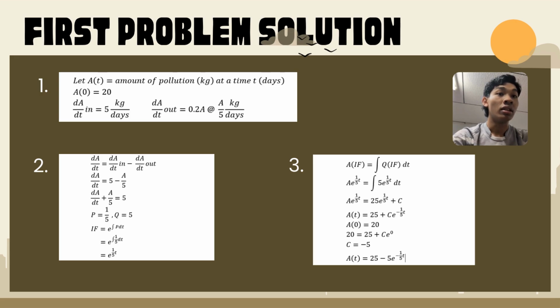So 20 equals 25 plus C times exponential power of 0, and we will get the value of C equal to negative 5. Then we will get the expression of the amount of pollution at time t, which is A(t) equals 25 minus 5 exponential power of negative 1 over 5t.